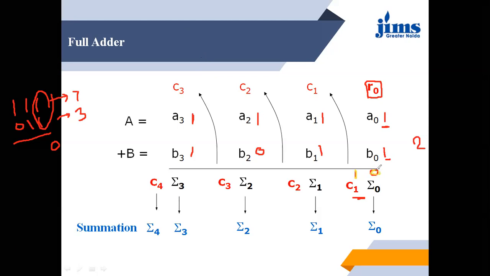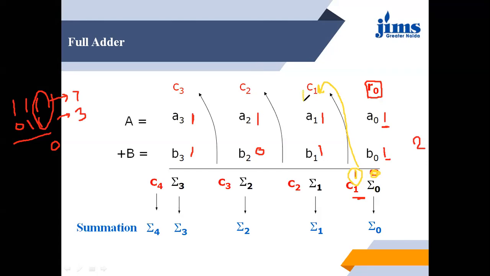So this one, that is the carry, has to be added in the next digit. So this is now 1 over here. So to add 3 digits, we want a full adder in this case.